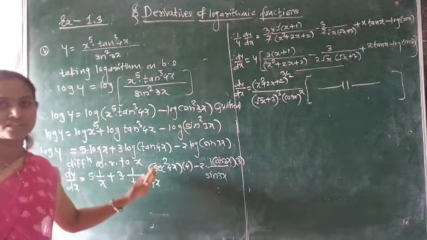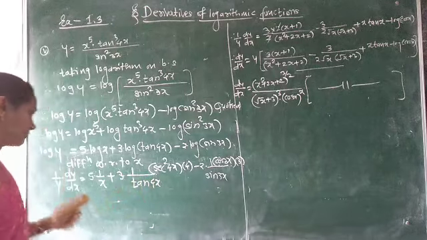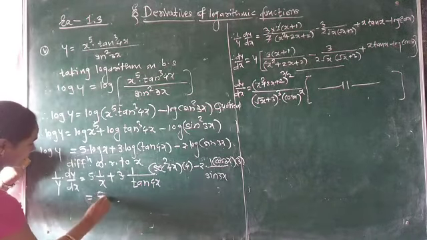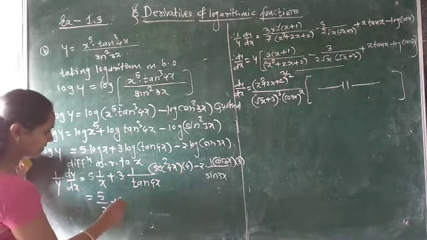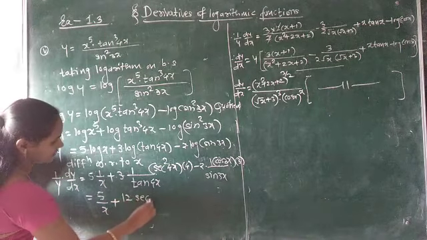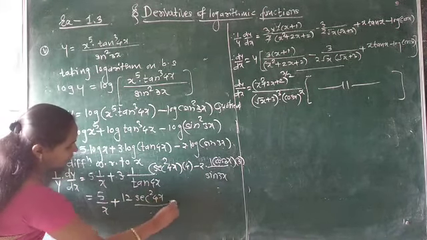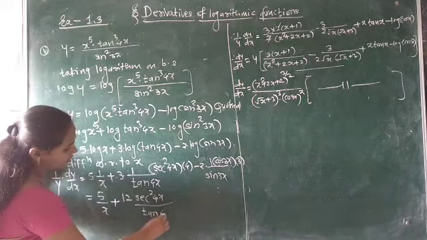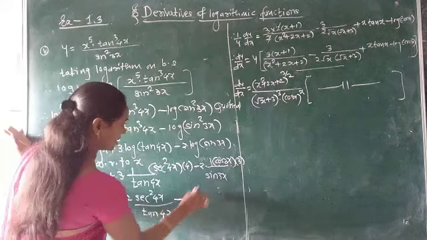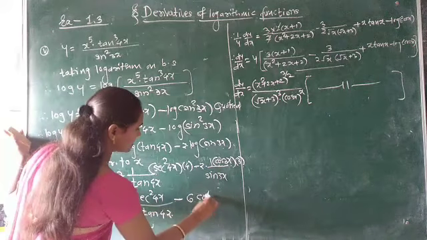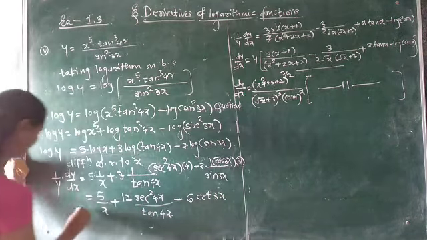This is a composite function, that is, a function of a function. So 1 upon y dy upon dx is equal to 5 upon x plus, here 3 into 4 is 12, sec square 4x upon tan 4x, minus 2 into 3 is 6, cos 3x upon sin 3x, that is cot 3x.